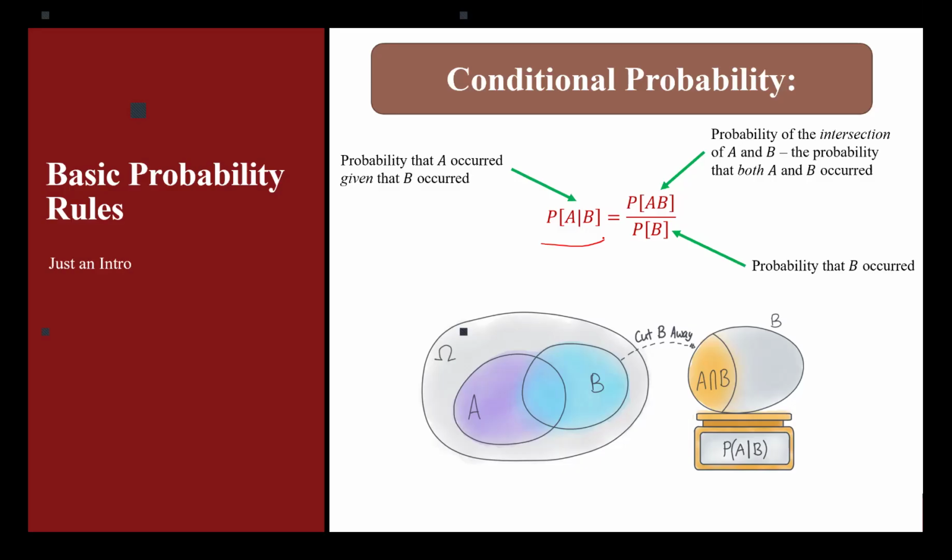If you use it, it would not add up to 1 and it is not normalized. So you need to normalize again based on your condition. And that's why you divide by the probability of B, which is your new universe after the condition happened. Perfect. Thank you. Any question?